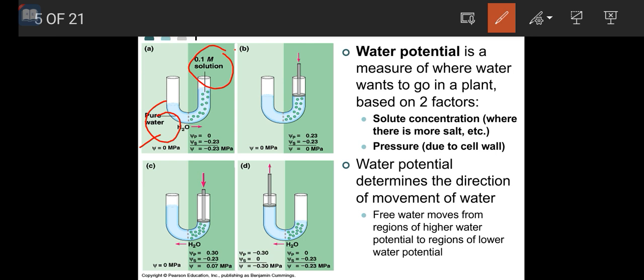When we apply pressure here in B, it is easily pushed upward due to the pressure. But in this condition we have seen, what happened here?